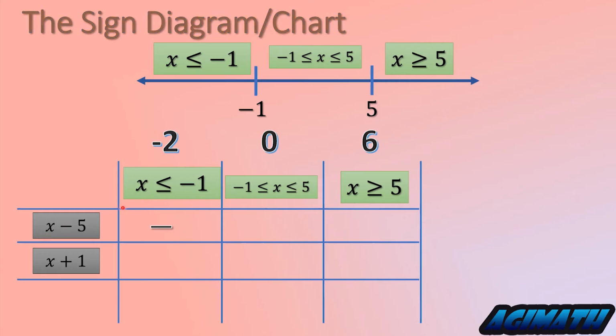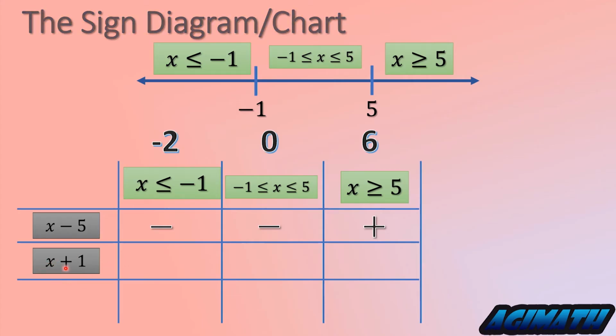Then for 0, 0 minus 5 is negative 5. So again, we are concerned with signs. So 0 minus 5 is negative. How about the last interval? If we substitute x by 6, 6 minus 5 is equal to positive 1, meaning the sign is positive. So I just hope you were able to follow.